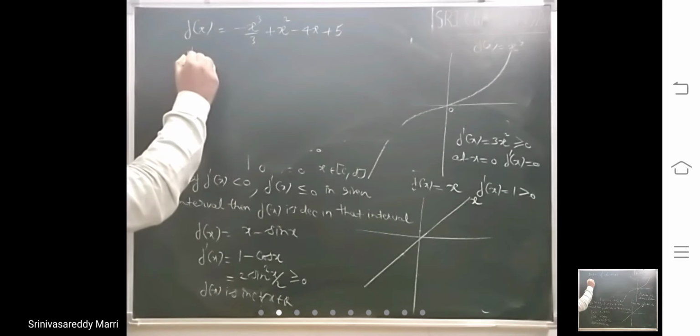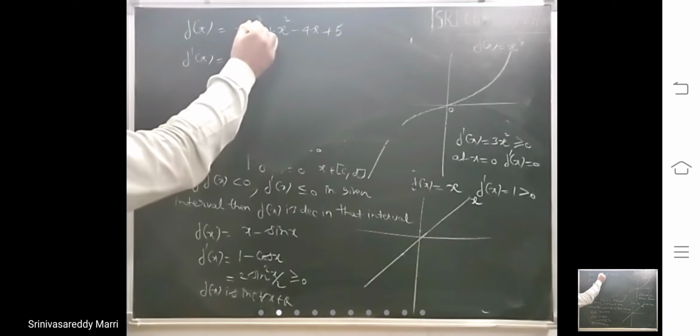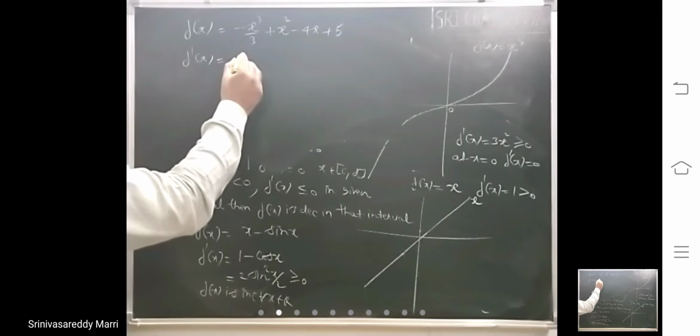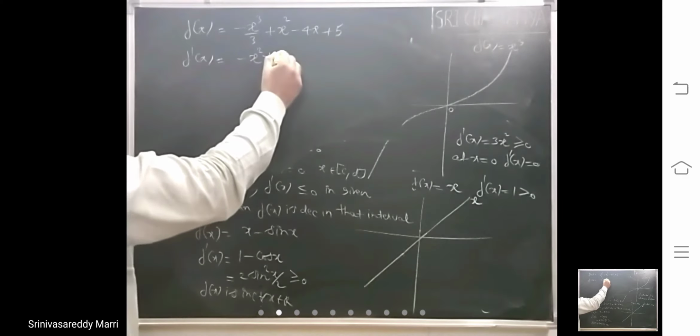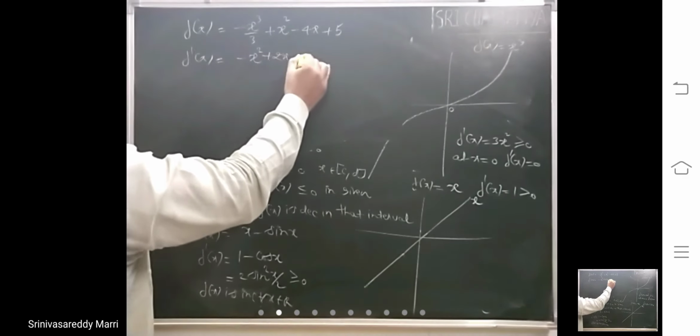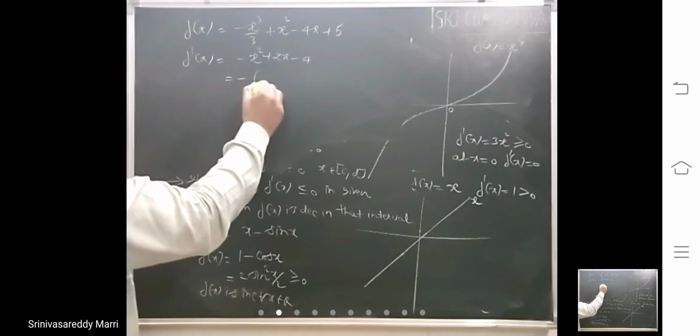Let us find the derivative. f dash x is minus 3x square divided by 3 minus x square plus 2x minus 4.